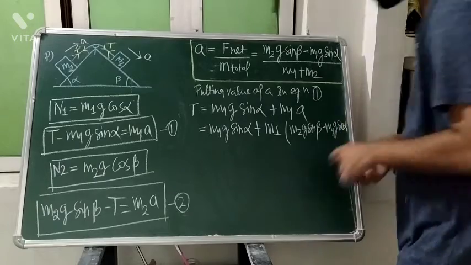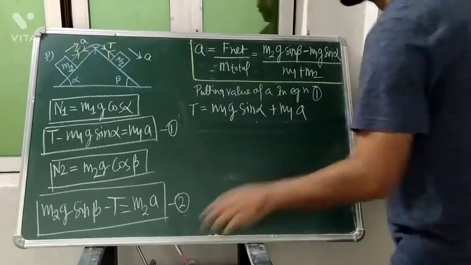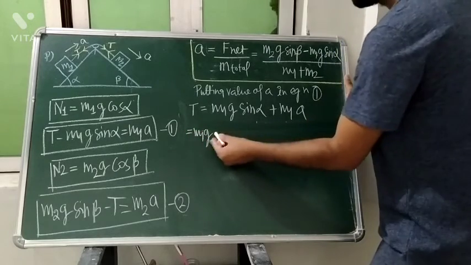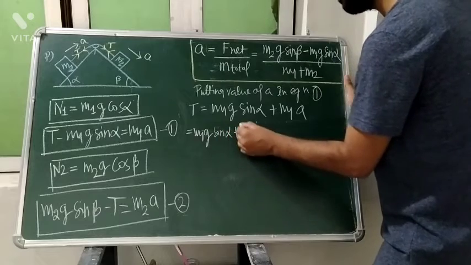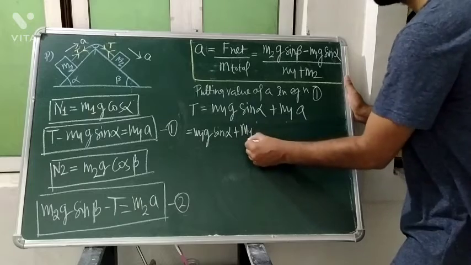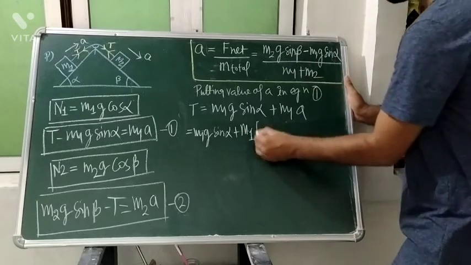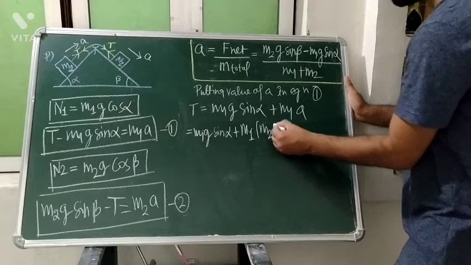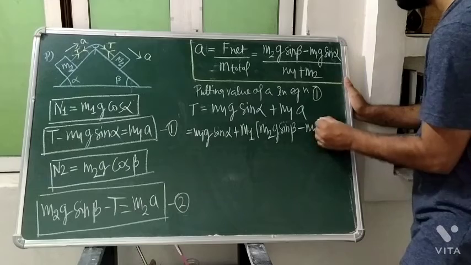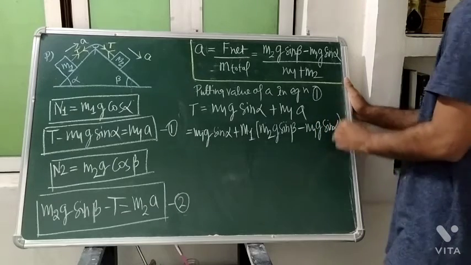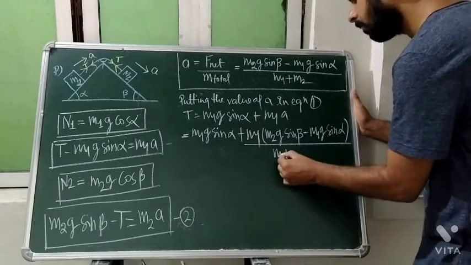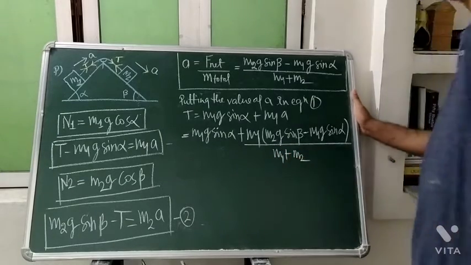So m1 g sin alpha here plus m1 times acceleration, where acceleration is m2 g sin beta minus m1 g sin alpha, divided by what? m1 plus m2.